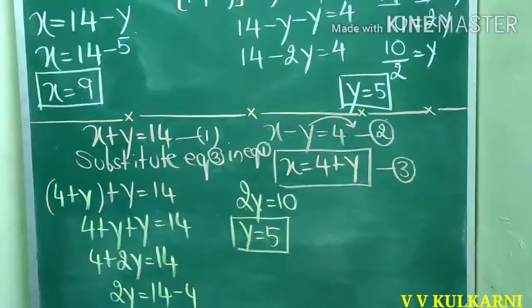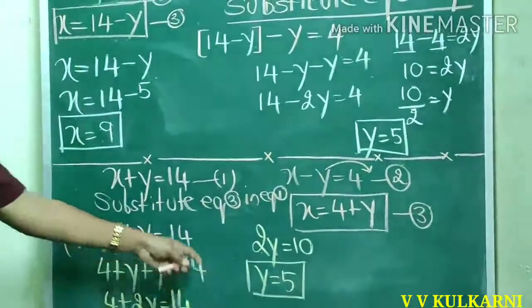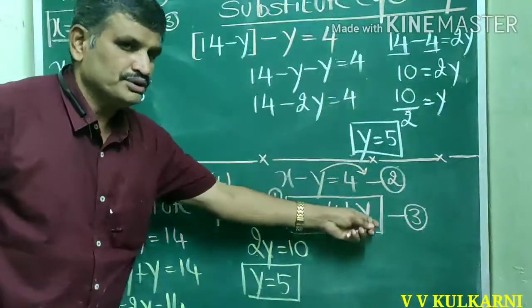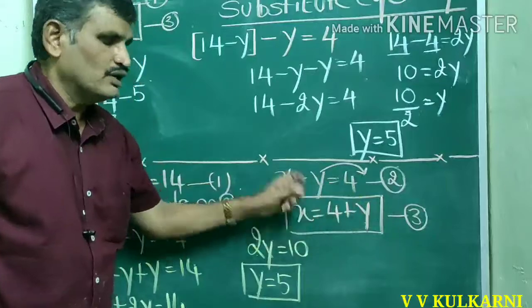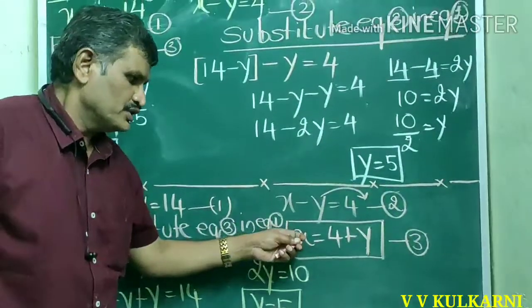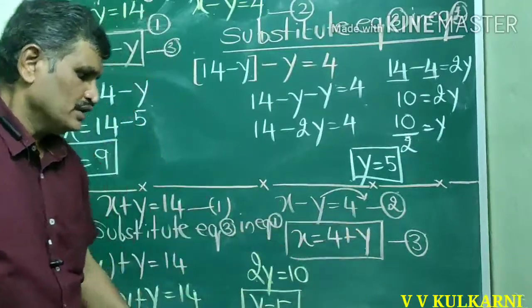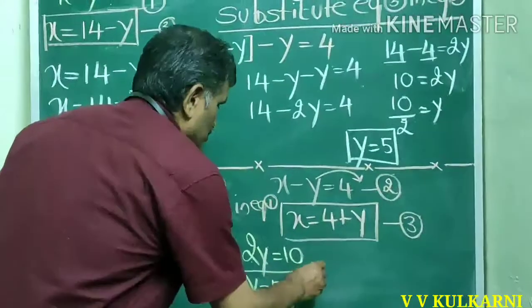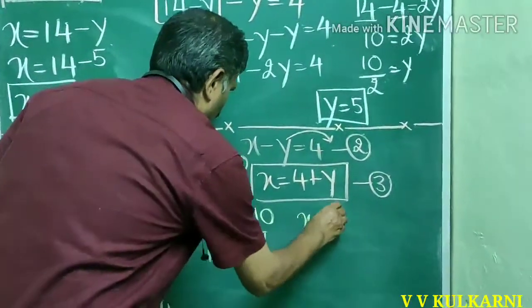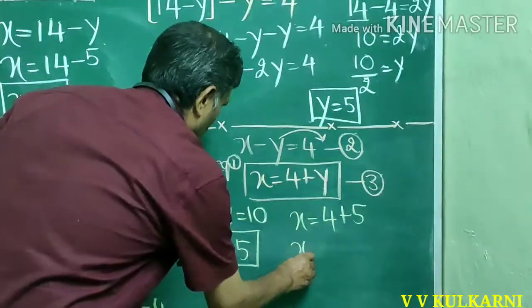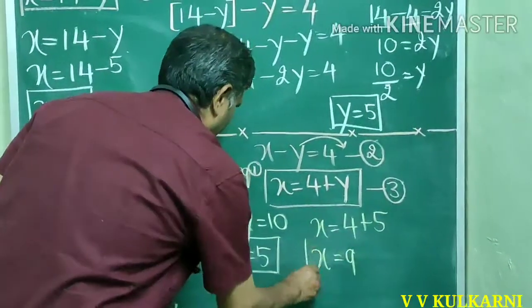Now this y is equal to 5, I can substitute in the first equation, the second equation, or the third equation to get the value of x. The third equation already says x is equal to 4 plus y. If I substitute there, I will get x is equal to 4 plus 5, and that will be x is equal to 9.